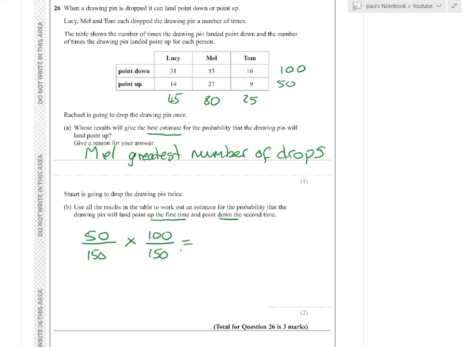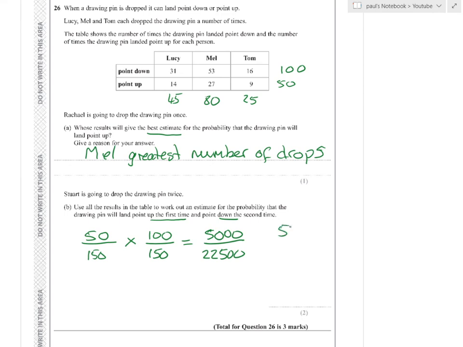So 100 times 50, I used the calculator for that, that's terrible. 5,000 out of 150 times 150 is 22500. I've got to simplify this, yeah? So let's knock off a couple of noughts.